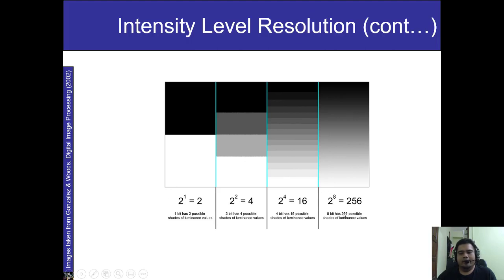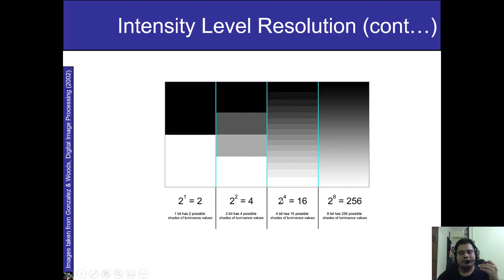With 8 bits, the change is very smooth from black to white. You cannot see any lines there. It's like you are seeing the analog image with your naked eyes, like seeing the image from the environment.